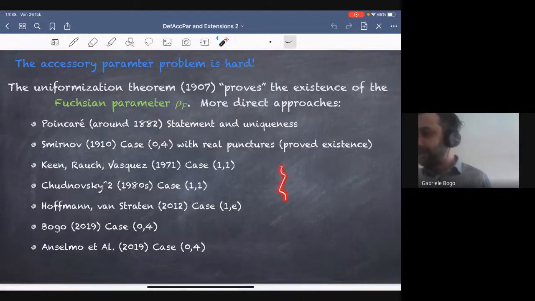And all the other cases here are more of a numerical nature, trying to determine the accessory parameter using different techniques. When I tried to do it, for example, I used modular forms in a way that you will maybe understand later, but I will not speak about this today. This is just to say that finding the accessory parameter is a hard problem. Many good people tried and did not manage to do it. And as you can see, every time people tried in the easy cases, so when you have a low number of punctures and small genus.